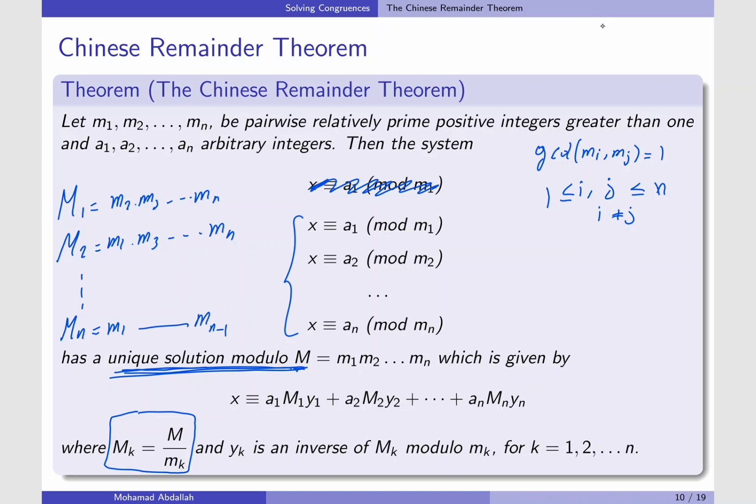So this is not hard to find. But yk is going to take some time, because yk is what? It's the inverse of capital Mk modulo small mk. So you need to have this in front of you to be able to solve that system of congruences.